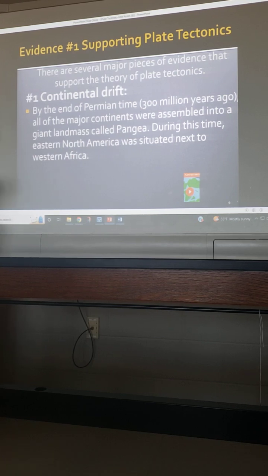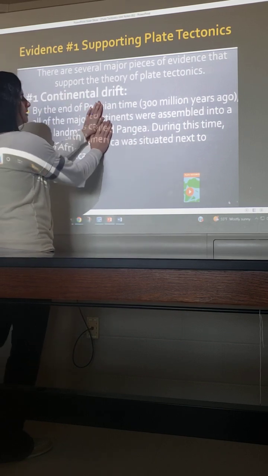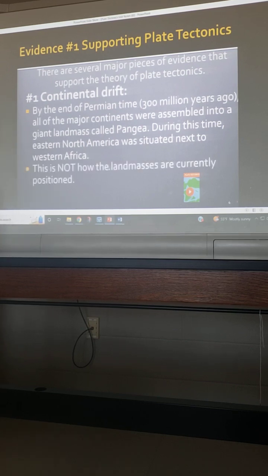And so during this time, North America, that's right here, was situated snugly against Africa. So there was no Atlantic Ocean. Right, it was all one giant landmass, and we'll take a look at that more. Sounds fun. Yep. And obviously that's not how things are now.